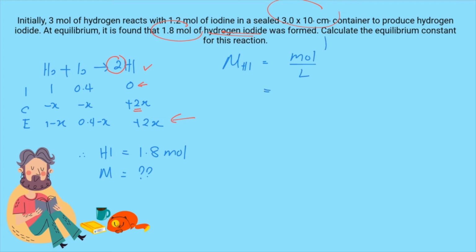So this one we have already converted to liter just now. So the number of mole given in the question for HI is equivalent to 1.8 divided by 3, because this one 3.0 times 10 to the power of 3 centimeter cube, you need to convert to liter. So you will get the concentration or the molarity of HI is actually equivalent to 0.6 molar.